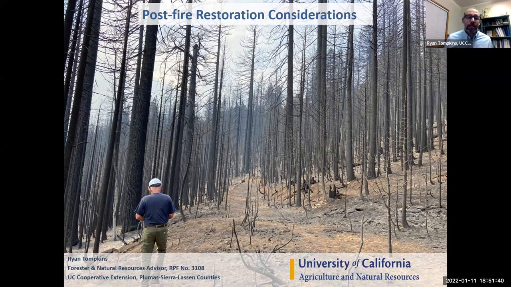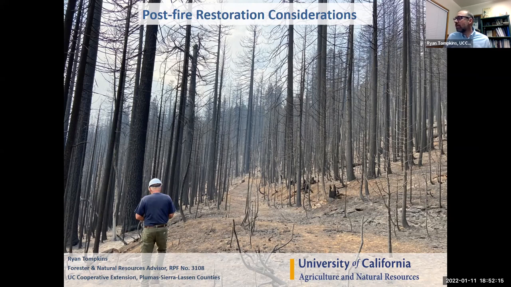I'd like to talk a little bit tonight about post-fire restoration considerations. So much of the decision-making we make around trees, and whether or not to retain them, is an inherent part of our forest restoration goals and objectives, whatever you decide they are as a landowner or land manager. Here is an example of a non-industrial private forest landowner who was affected by the 2020 Claremont fires.